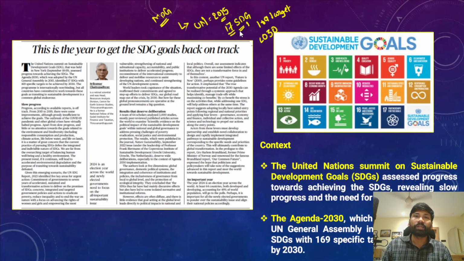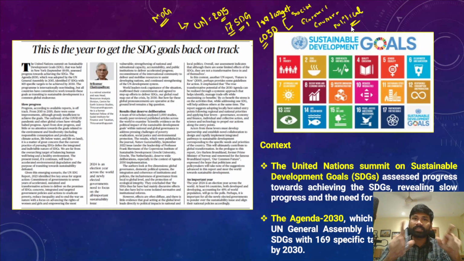So achievement of these sustainable development goals by the year 2030 is very important, because the goals cover a mixture of social, economic, environmental and political aspects at the global level.